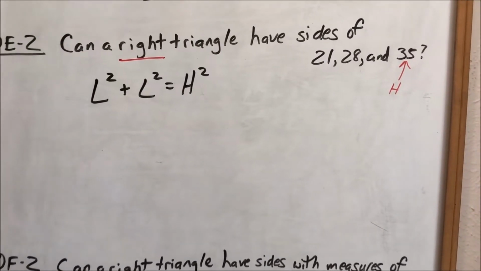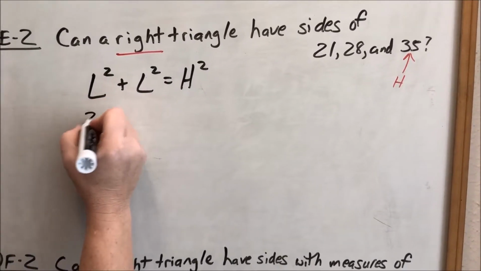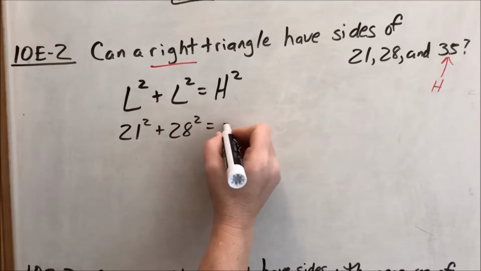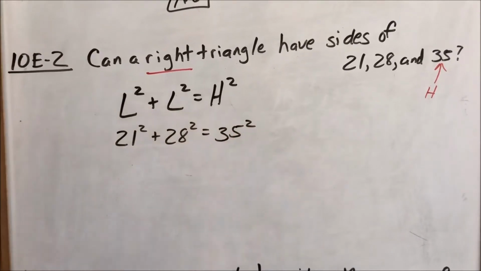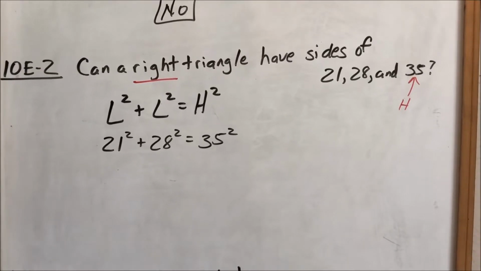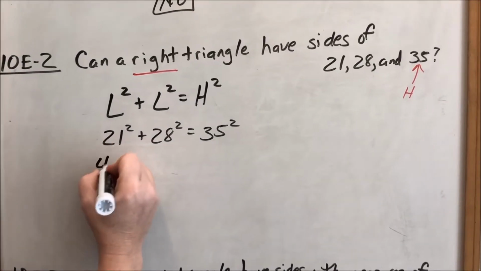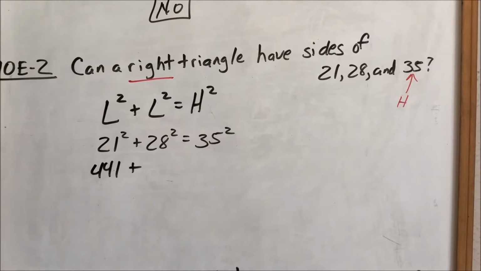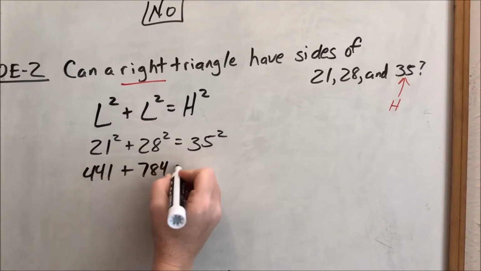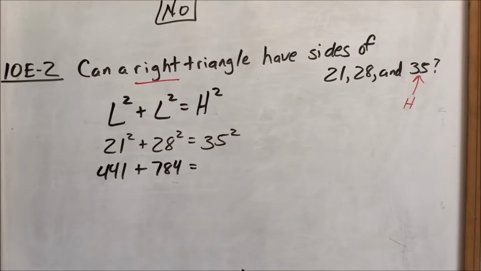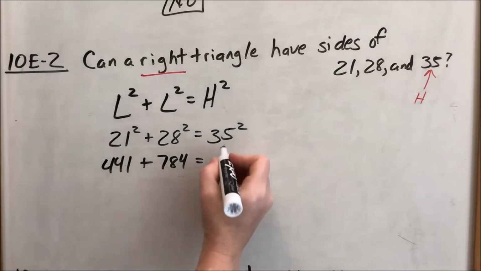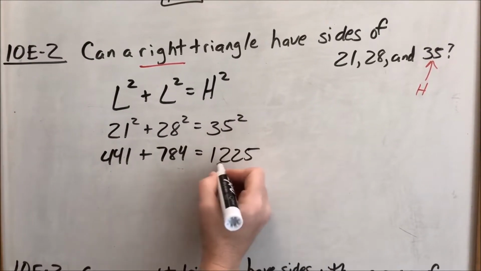So 21 and 28 are legs, so we can put those in for the legs. 21 squared plus 28 squared equals 35 squared. So 21 squared, 441, 28 squared, 784, and then 35 squared, 1,225.